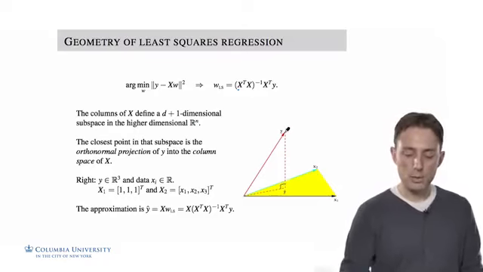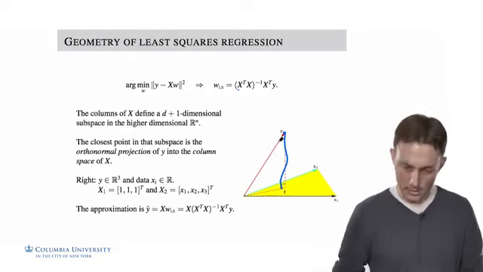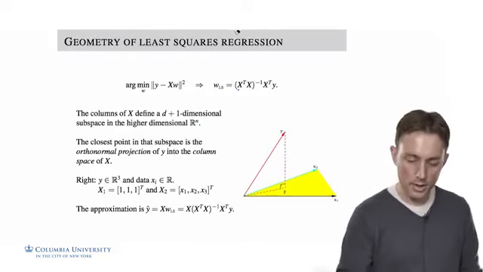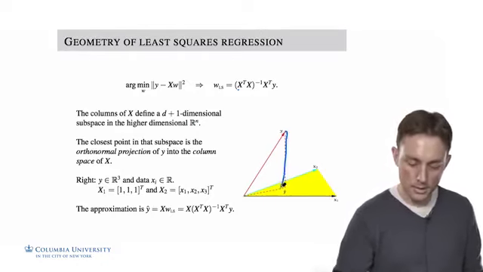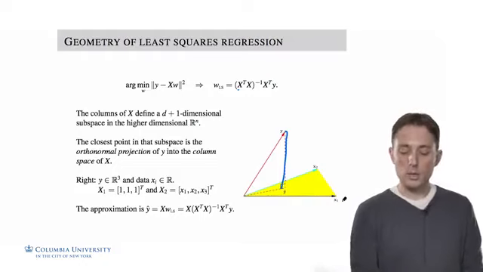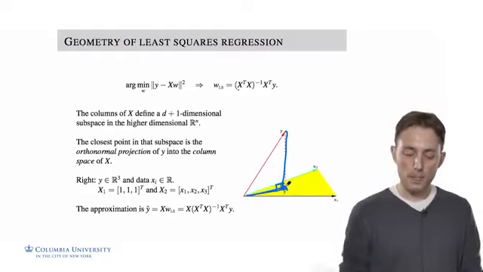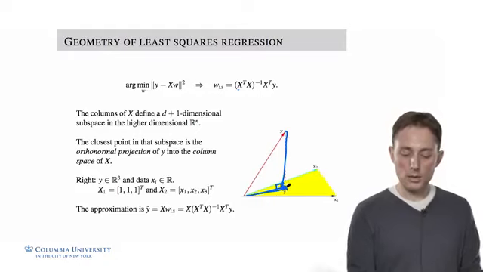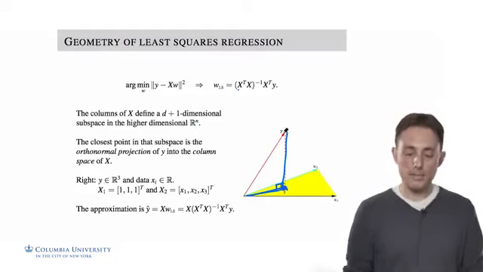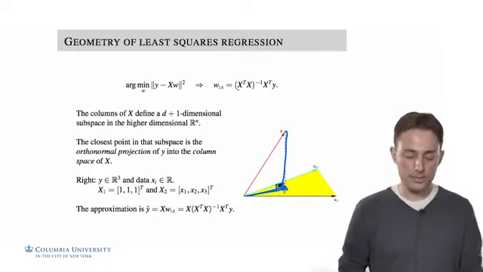So in this case, what we're saying is take y and drop a straight line to the two-dimensional space spanned by these two vectors, so 90 degrees. This point here is physically the closest that we can get the sum of these two vectors to the vector y. And this is the least squares solution.